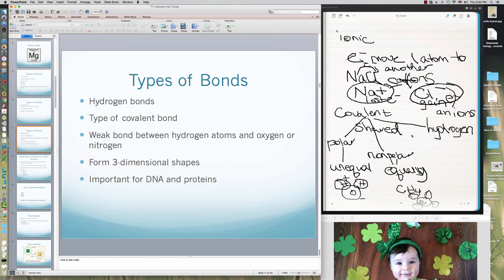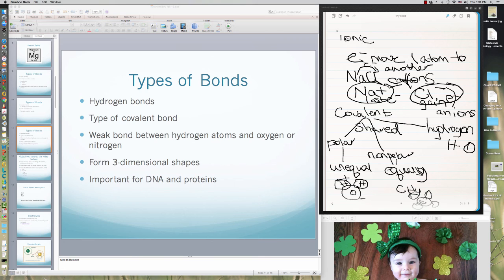Hydrogen bonds are also a covalent bond, but we don't really talk about them that much in regards to electron sharing. Instead, a hydrogen bond is one that is defined by the types of atoms involved. So anytime you have a bond between a hydrogen and oxygen, that is a hydrogen bond. So this is a hydrogen bond and that is a hydrogen bond.